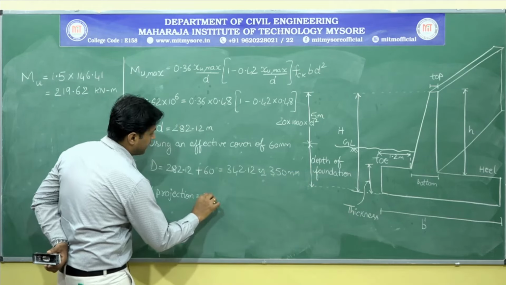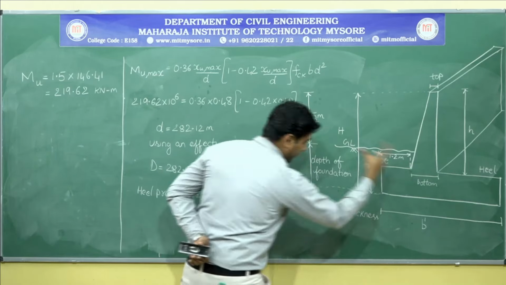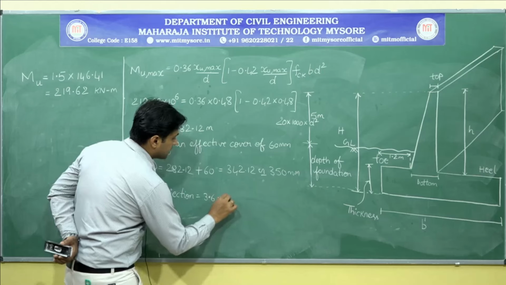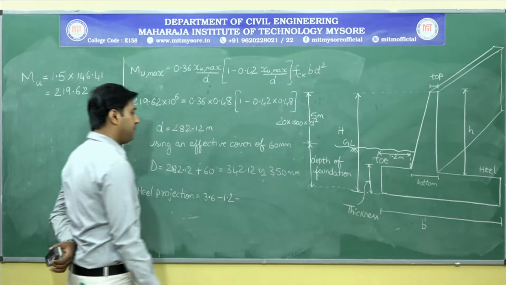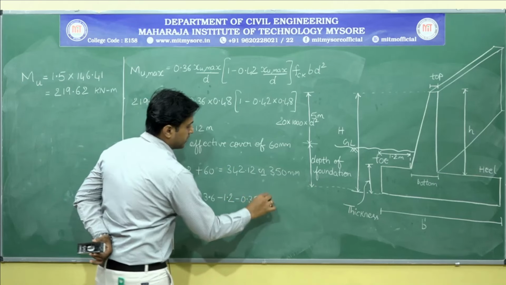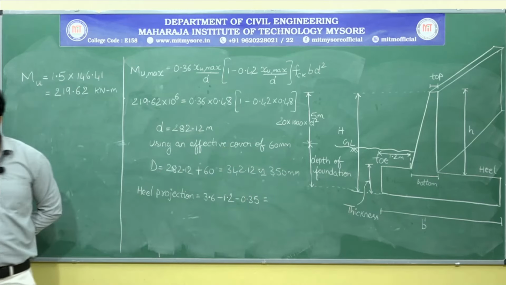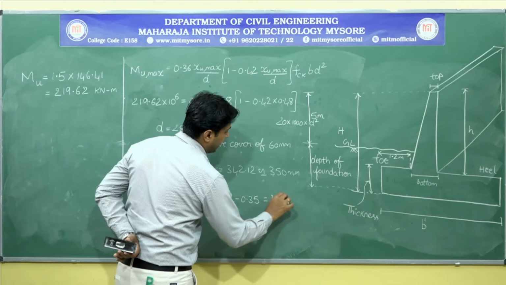So for the heel projection, the B dash value is 3.6 meter. Next, I know the toe portion, so let me deduct it. Minus the bottom stem width I just calculated, which is 0.35. The remaining will be the heel projection. The value of the heel projection is 2.05 meter.